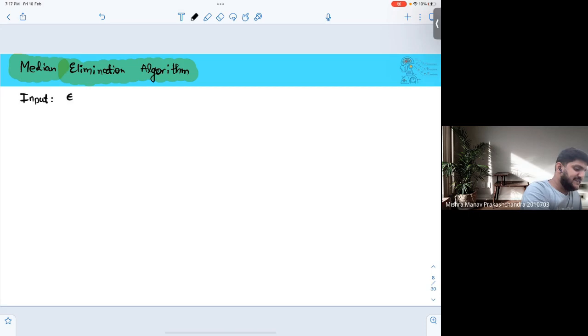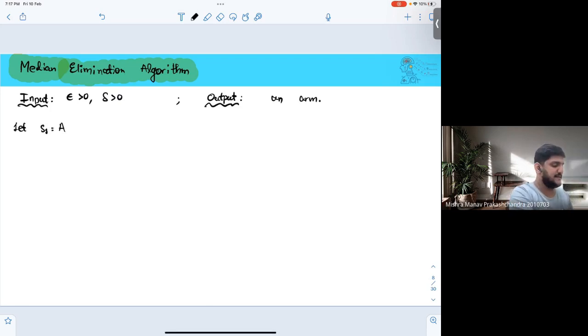So my input is again some quantity epsilon, some quantity delta, and my output is again an arm, right? So the way this works is we say let S1 is equal to A, where A is the total action space.